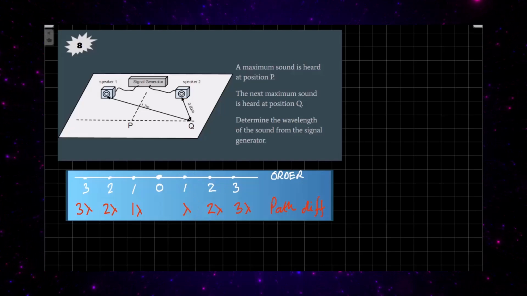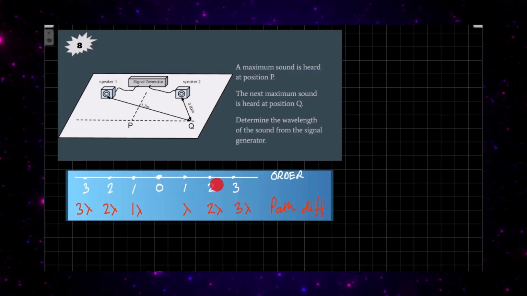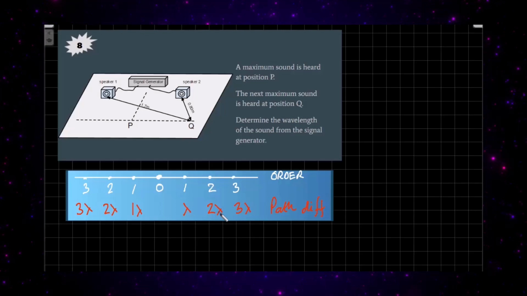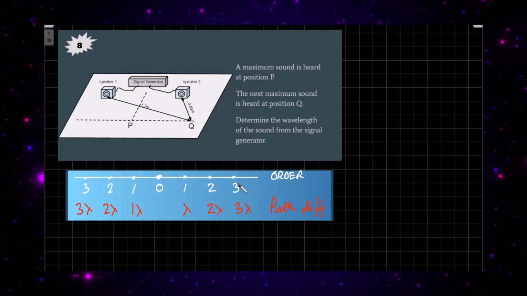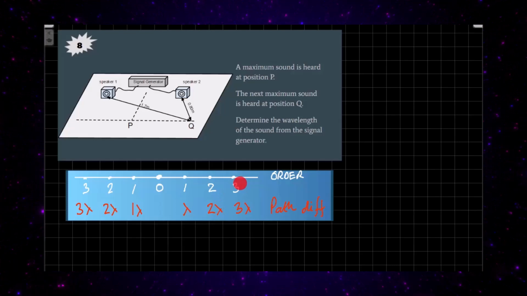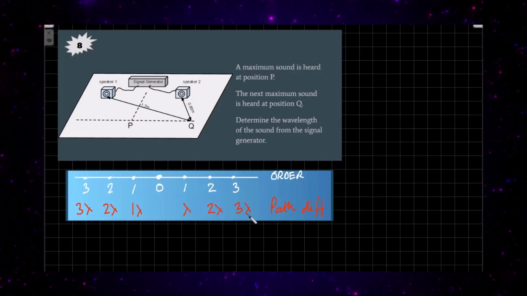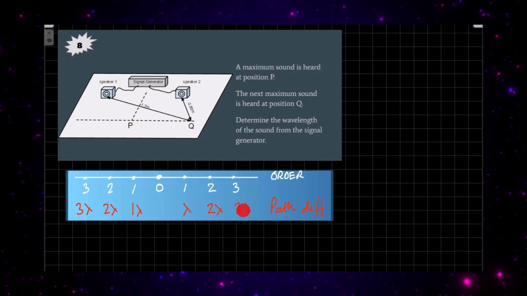If we heard the second maximum sound after the central one, the path difference between the two speakers would be 2 lambda. And if we heard the third maximum sound after the central maximum, the path difference between the two speakers would be 3 lambda.